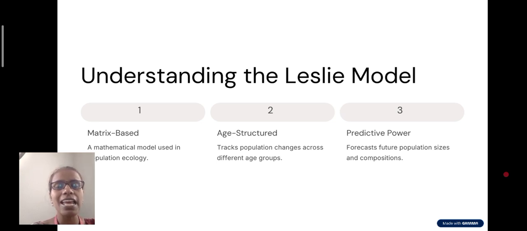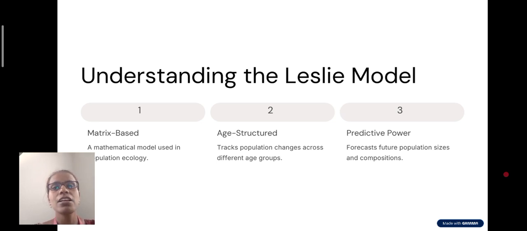We are going to analyze the age, so we need to track population changes across different age groups, not the same. And the third thing is we need to predict the future population sizes and compositions.